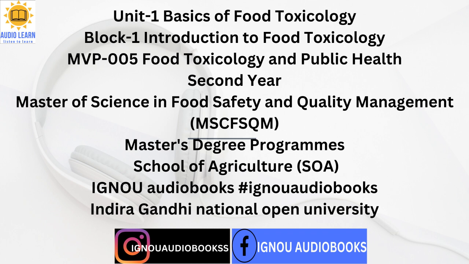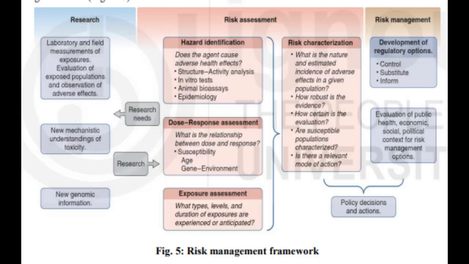General principles of food safety risk management. 1. Protection of human health should be the primary objective in risk management decisions. 2. Risk management should follow a structured approach. 3. Risk management decisions and practices should be transparent, consistent, and fully documented. 4.